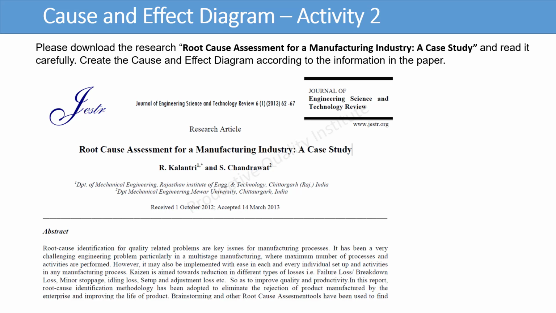For the second activity, please download the research paper Root Cause Assessment for a Manufacturing Industry, a case study, and read it carefully. Create the cause and effect diagram according to the information in the paper. Please perform the activity and send it by email for assessment.